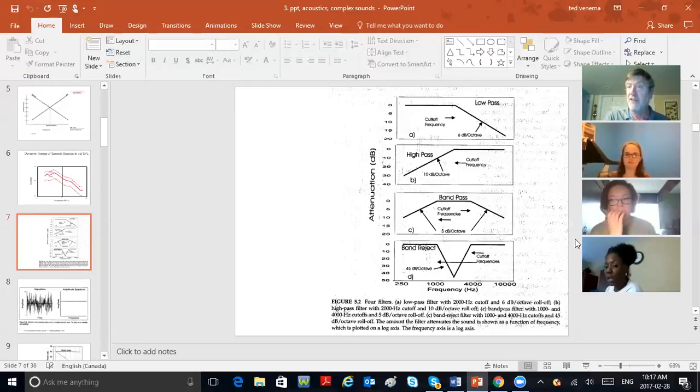So hospital instrumentation commonly uses a band reject filter, which kicks out 60 hertz, the 60 hertz hum of electricity. Just giving examples here. So how things can act as resonators means what sounds they let through and what sounds they don't let through. They're like filters.